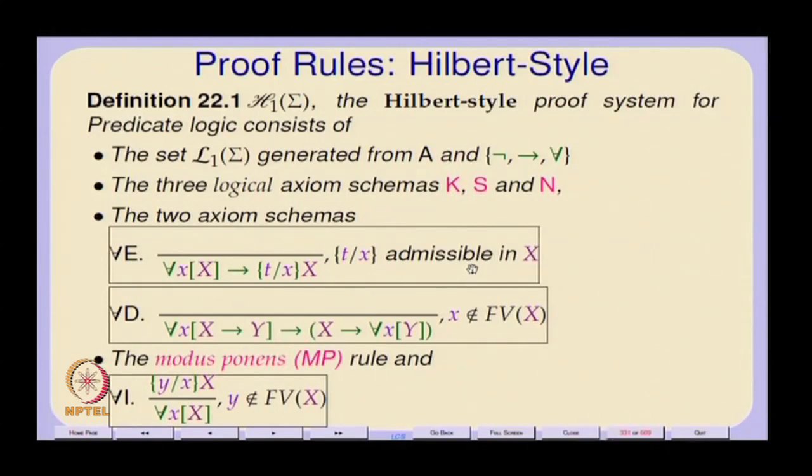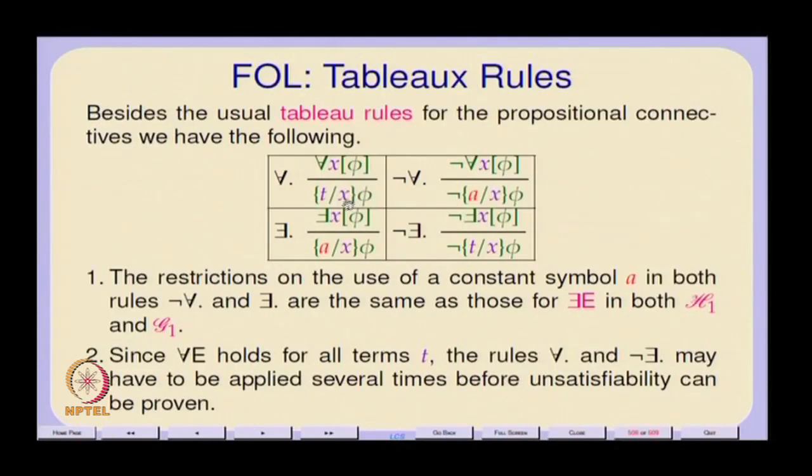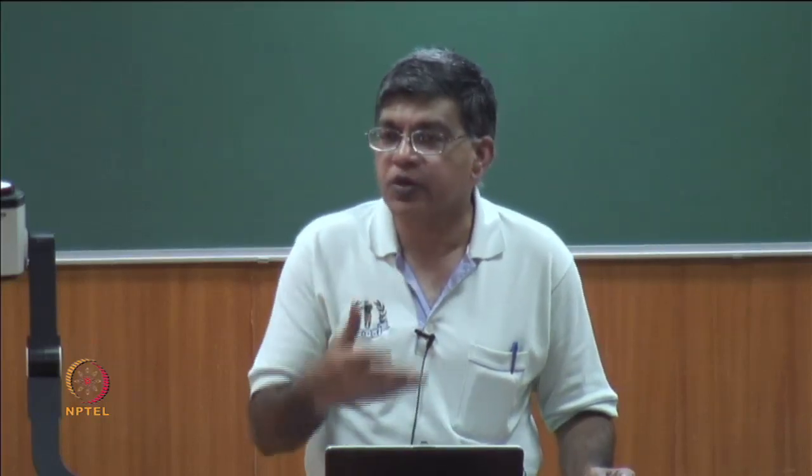Whereas, if you are looking at refutations, which is what your Tableau does for closure, then if the Tableau path closes for one particular choice of the term t, it may not remain closed for all possible terms t, right.